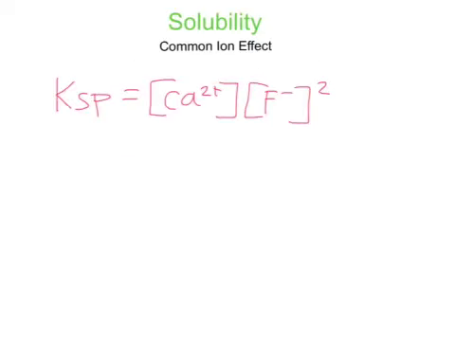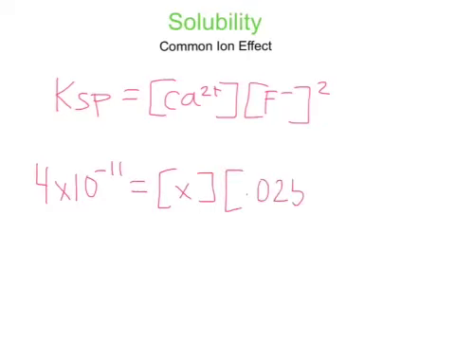Then plug the final concentrations into the KSP expression. Because the KSP is so small, the 2x can be neglected to make solving for x easier. Because you are given the KSP value, you can then solve for x, which represents the amount of solid that dissolves, or the solubility.